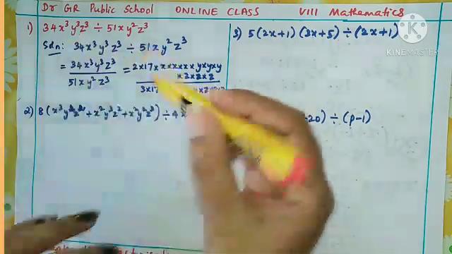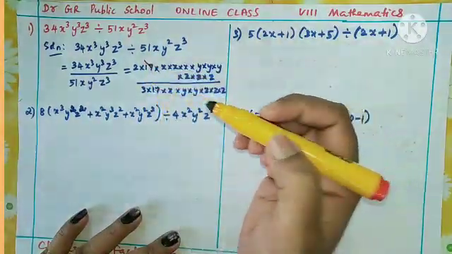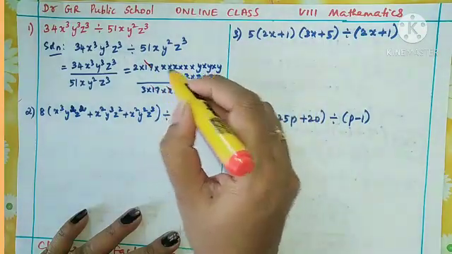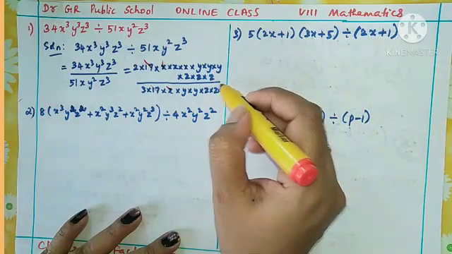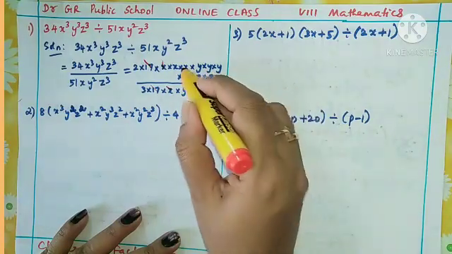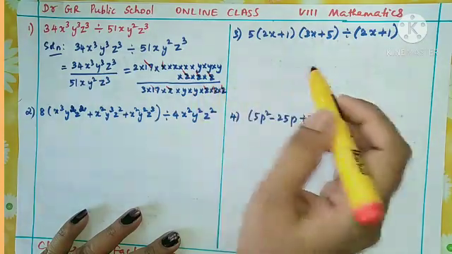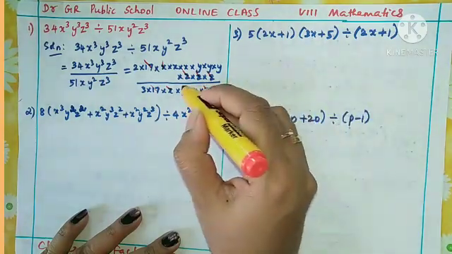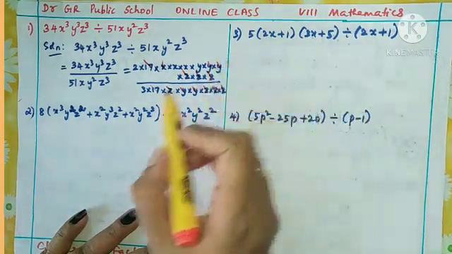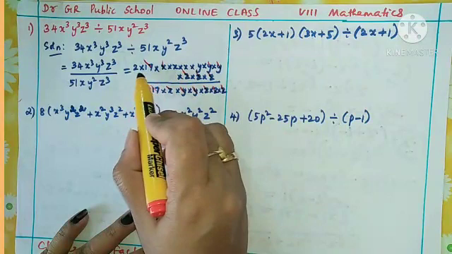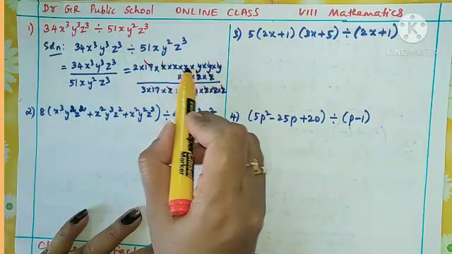So here you can see 17 and 17 cancel, then x. Then z, you can see here 3, here also 3. So all the z terms are cancelled. Then y, you can find here 3y, here 2y, so 2y you can cancel. So what are the remaining terms in the numerator? 2 into x, 2 times.